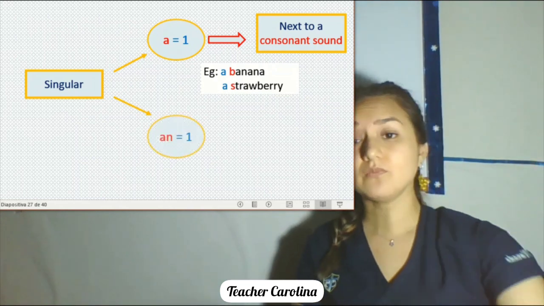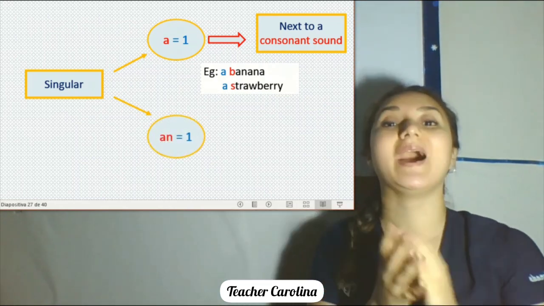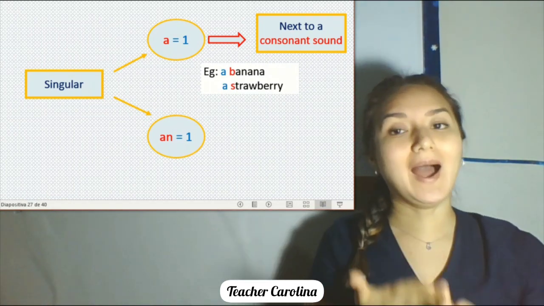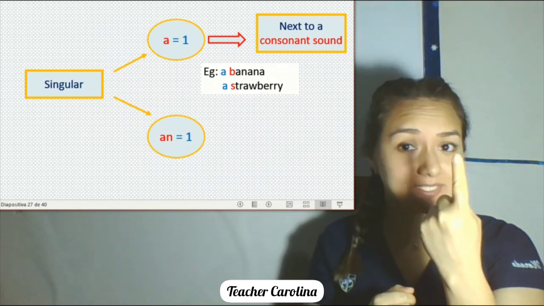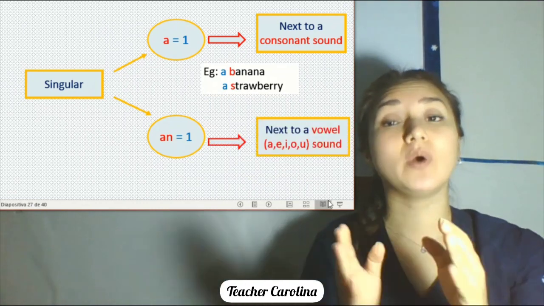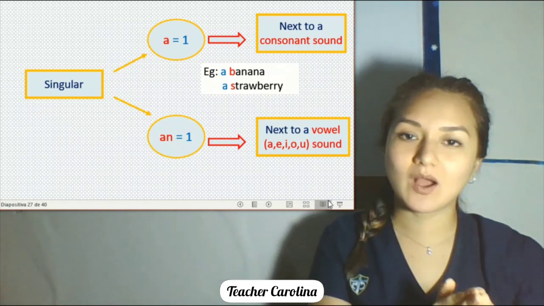So, as I told you, we are going to divide it. And in this case, you have an. When are you going to use an? An is the same, the meaning. But it says that you are going to use an next to a vowel.